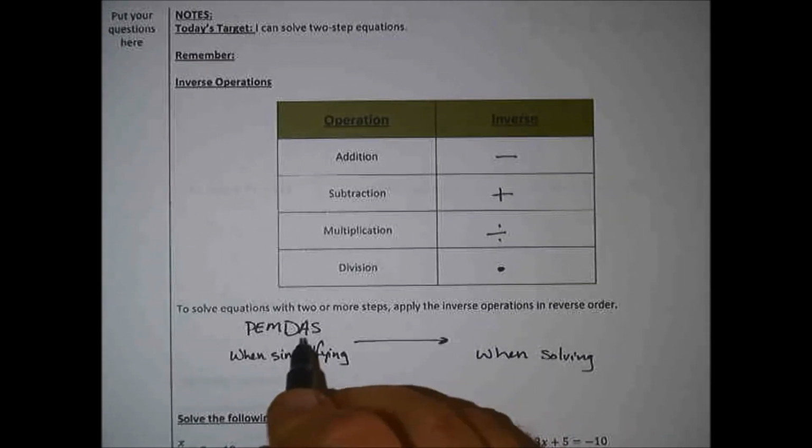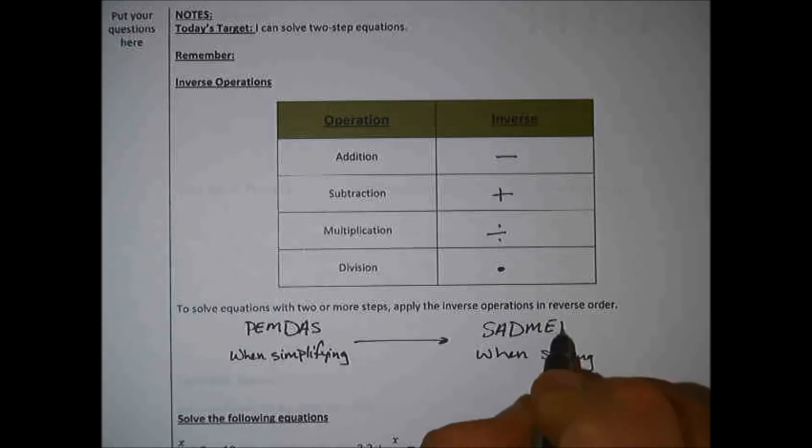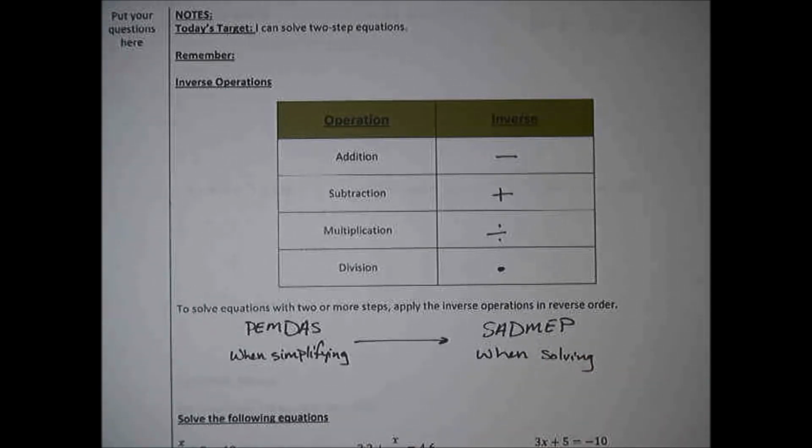Okay, and it turns from PEMDAS to SADMAP. Okay, it's awesome when we can just flip something over and make up a brand new word. So we go from PEMDAS to SADMAP.